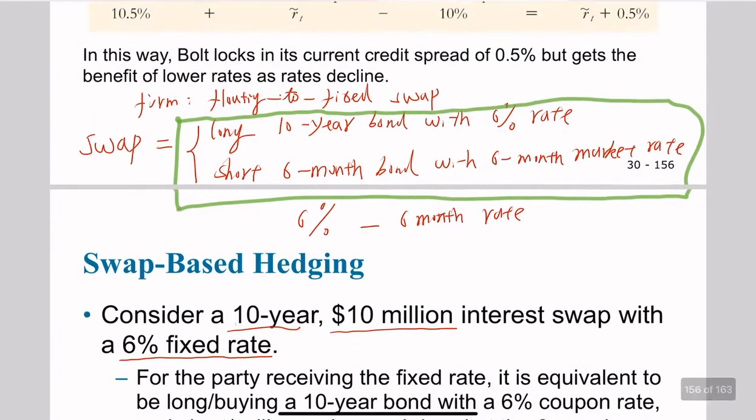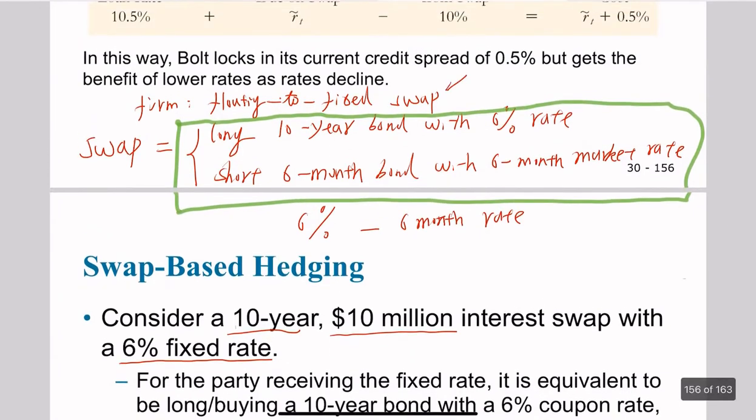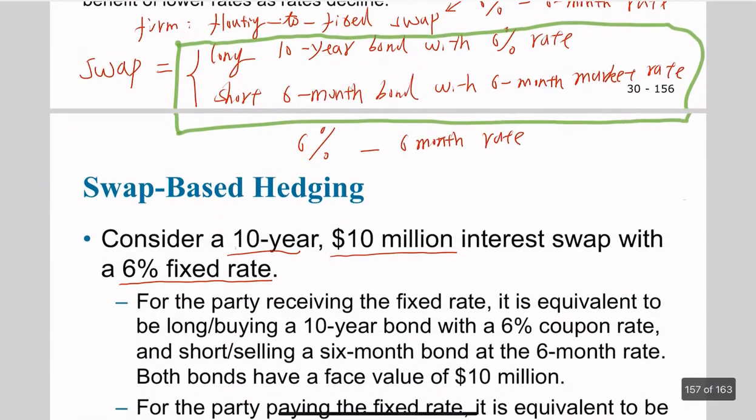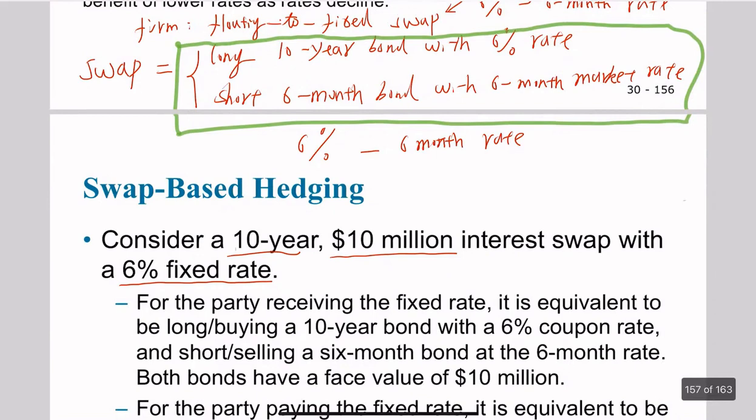And this is exactly the case for the swap. The firm gets 6% rate and it pays 6-month rate. So the interest rate differentials or the cash flows are the same in the swap case and the bond portfolio case, right? So that's why we have this result here.